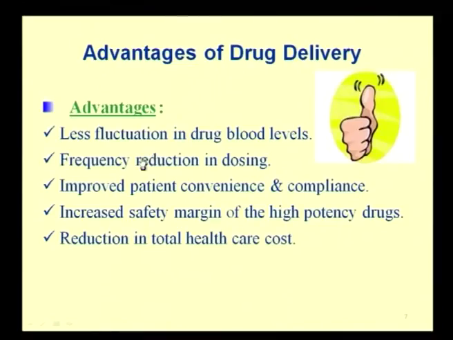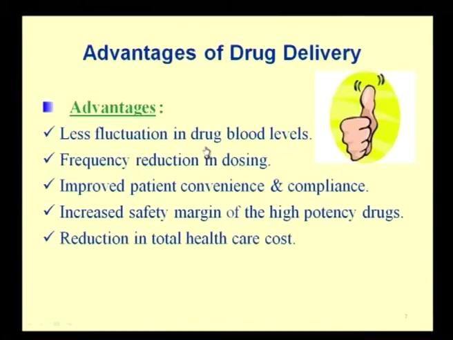Now let us have a look into the various advantages of making use of such drug delivery systems, followed by the disadvantages. Initially, the advantages of making use of drug delivery systems, especially a biodegradable polymer as a carrier for the drug. The advantages are less fluctuation in the drug blood levels. That means there are no high fluctuations in the level of the drug that is being put into our blood system.